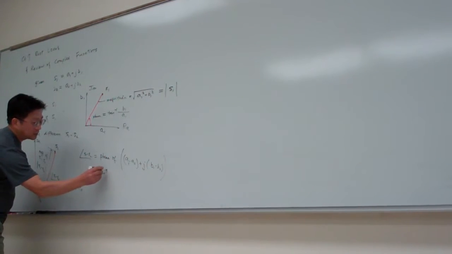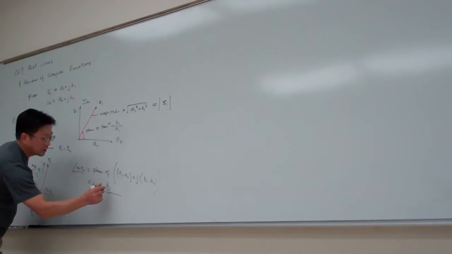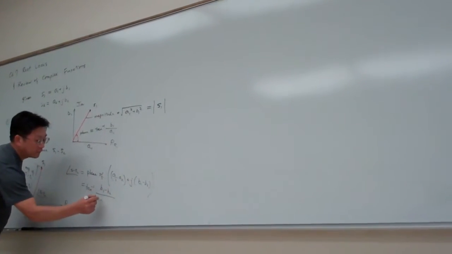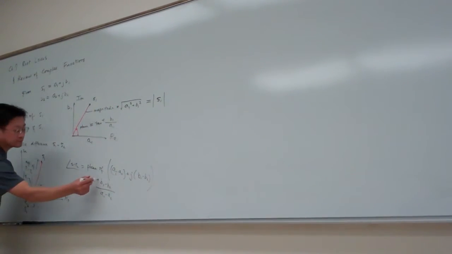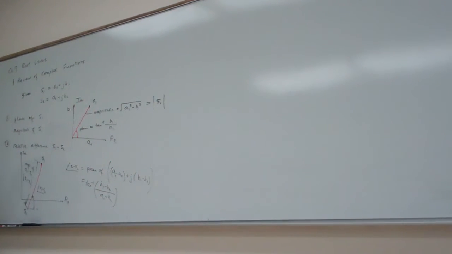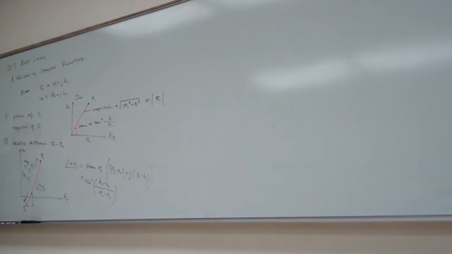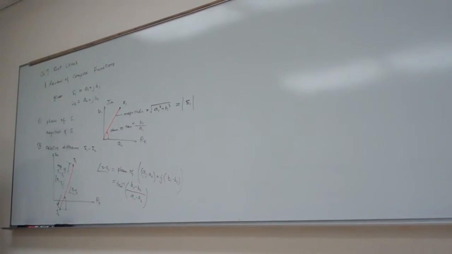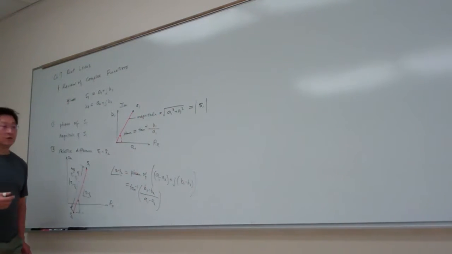So here, by our definition, it is the arctangent of B1 minus B2, the imaginary part, over A1 minus A2, the real part here. So here, those are the complex numbers, and we can extend the concept of magnitude and phase angle to polynomials.